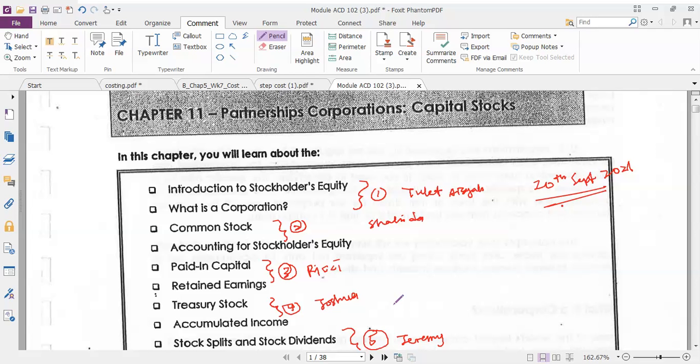Tapi untuk yang hari ni punya assignment, Chapter 11, Partnership Corporation, Capital Stock, kita tengok dekat LMS, dan sekejap lagi saya akan bagilah. Saya akan bagi kat dalam WhatsApp nanti, lepas tu saya akan bagi juga presentation punya markah.